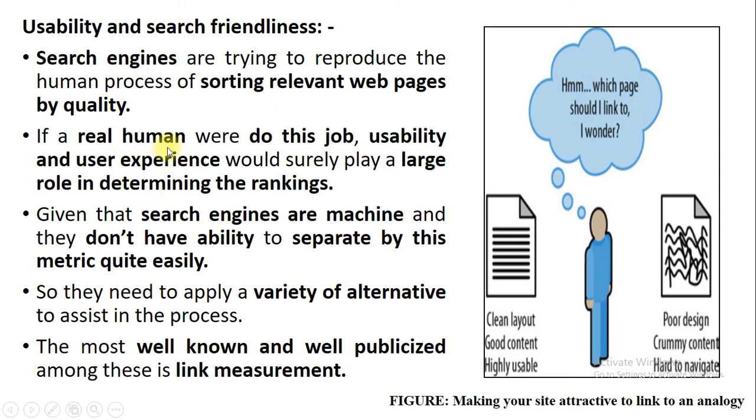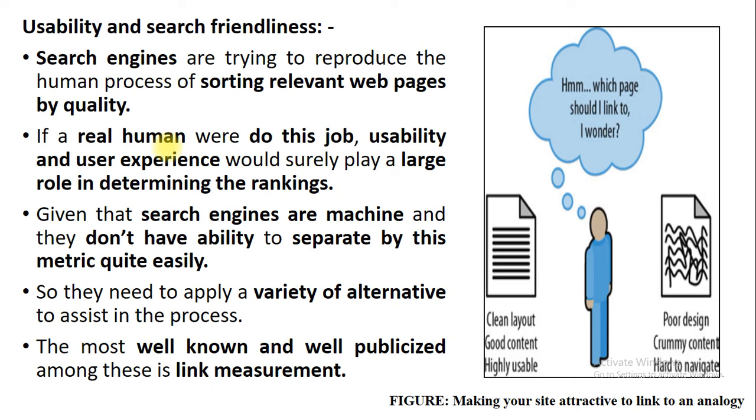Now see, search engines are machines, which means they do not have the ability to apply this kind of metrics or the experience of the website. So there are a variety of alternatives which can be applied to solve this kind of problem.